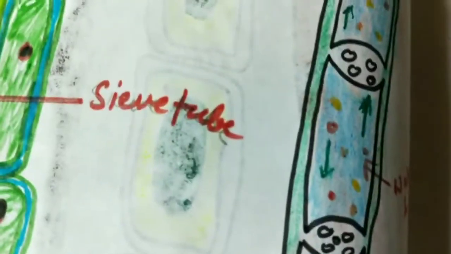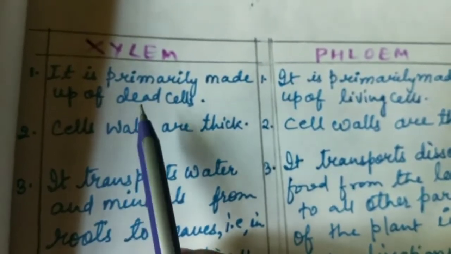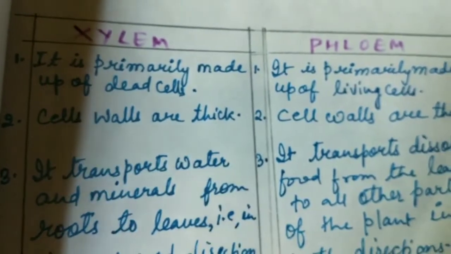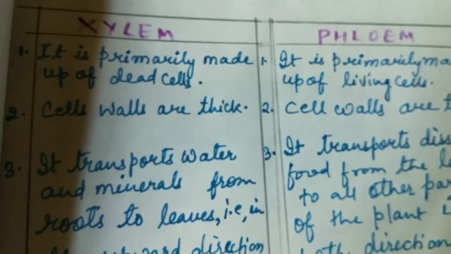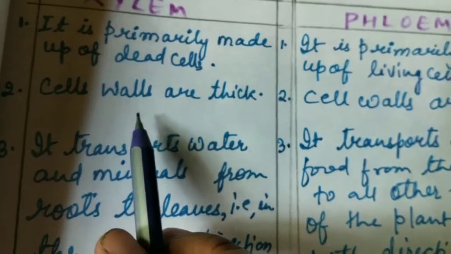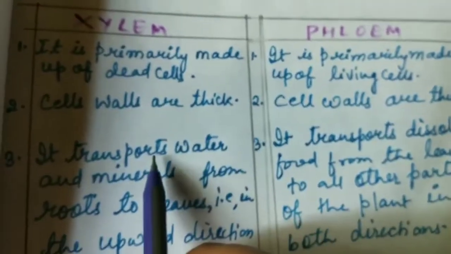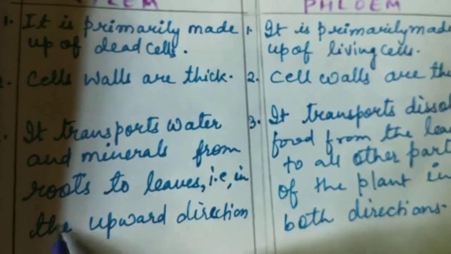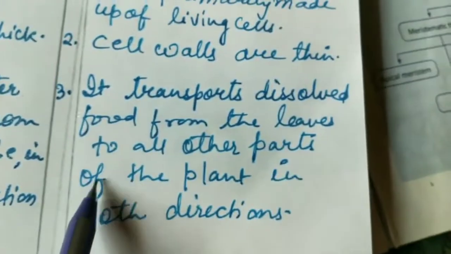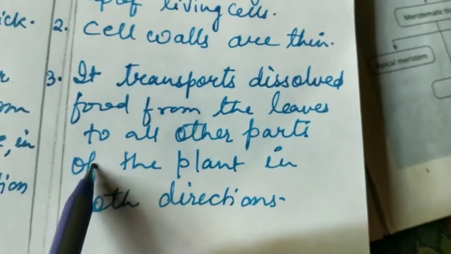Now see the differences between xylem and phloem. Xylem is primarily made up of dead cells. Out of 4, only xylem parenchyma is living, rest all are dead. Whereas phloem is primarily made up of living cells. Cell walls are thick in xylem and thin in phloem. Xylem transports water and minerals from roots to the leaves in upward direction, and phloem transports dissolved food from the leaves to all other parts of the plant.